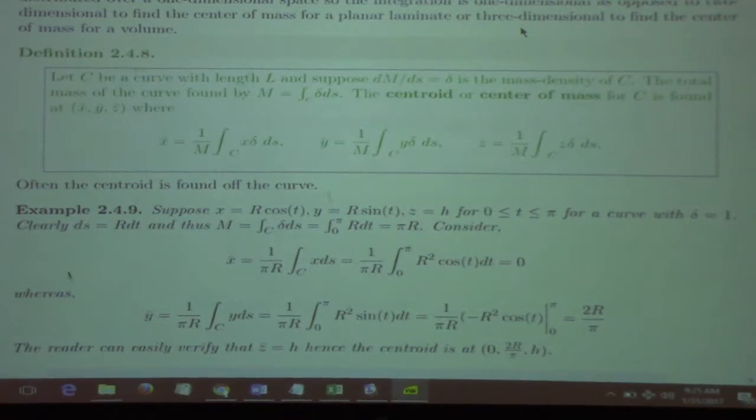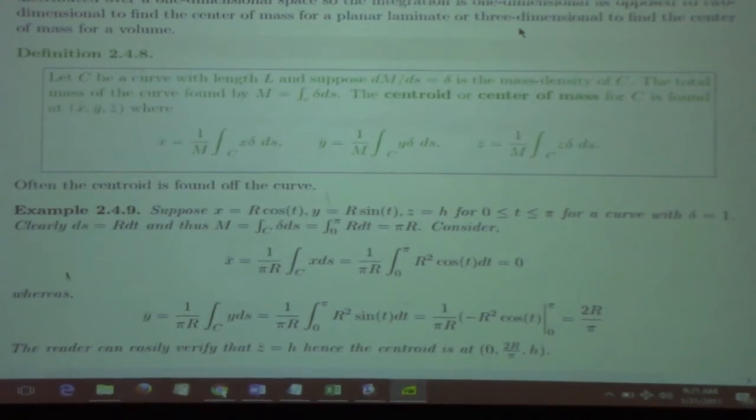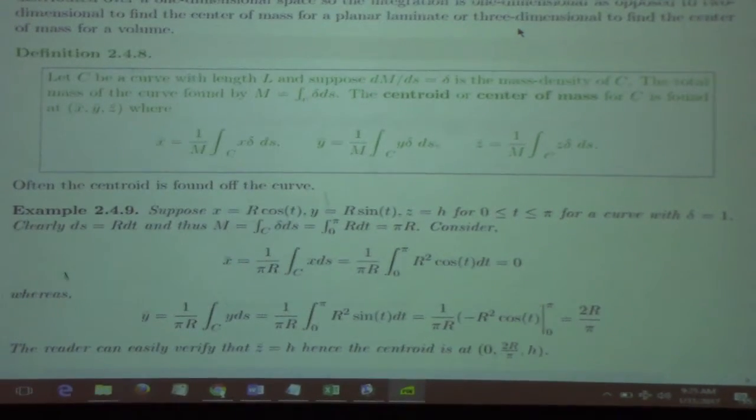Well, it's in the z equals h plane, right? And where is it going from? So my usual picture, it's something like this, right? I think this is the curve we're looking at here.